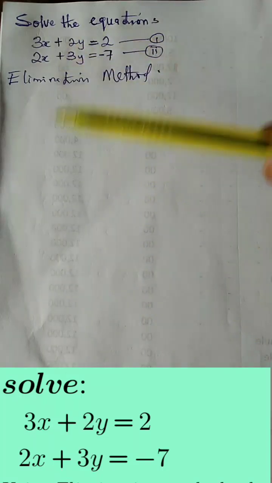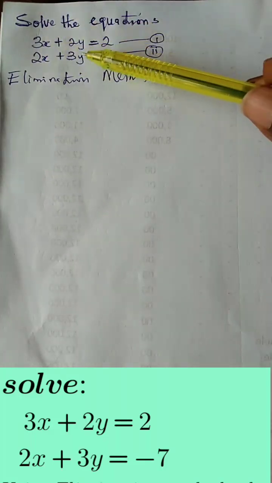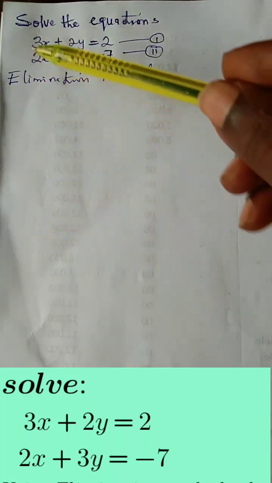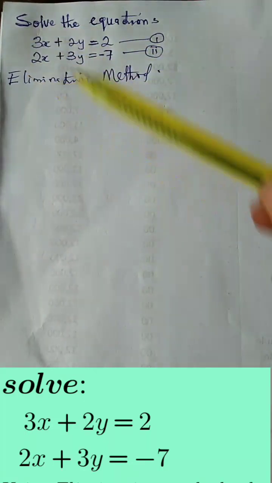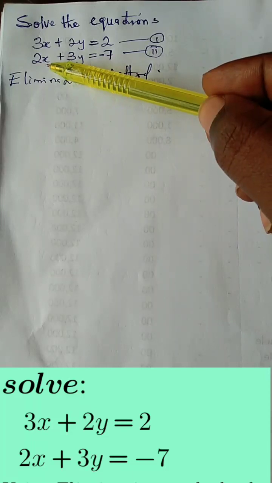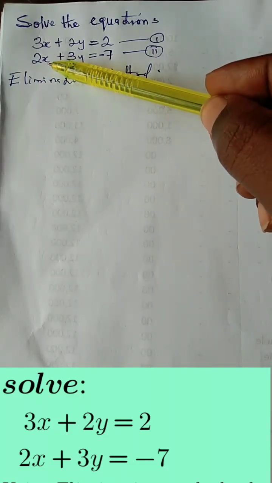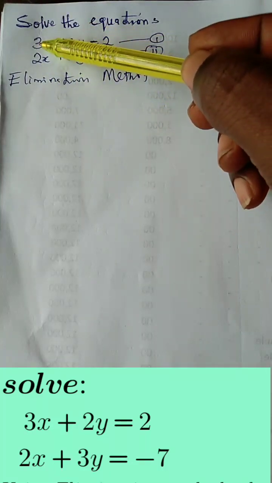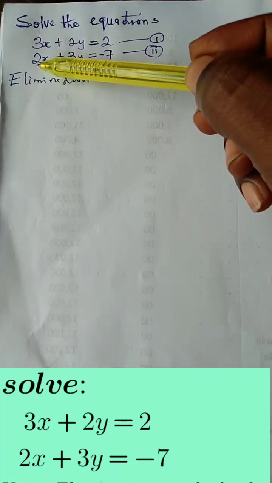You can choose either your x or your y, but make sure they both have the same coefficient. If I'm choosing x, I'm going to make sure that my x here and my x in equation 2 have the same coefficient. In this case, they have different coefficients. This one has 3, this one has 2.